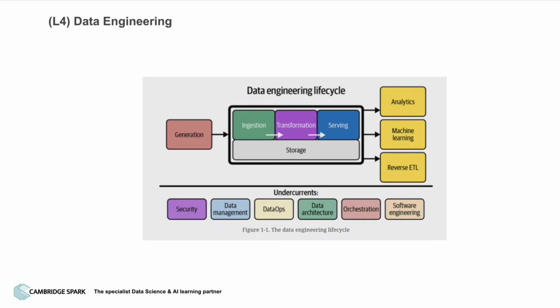So if you think about the data engineering team here, the clients are the analytics team, the machine learning team, and the reverse ETL team, essentially. What are going to be their requirements, and how can we make sure that they've got access to the right data? So that's the data engineering lifecycle. It's thinking about the requirements coming from those teams. So you need to be able to work with stakeholders.